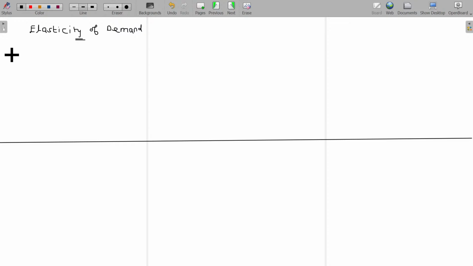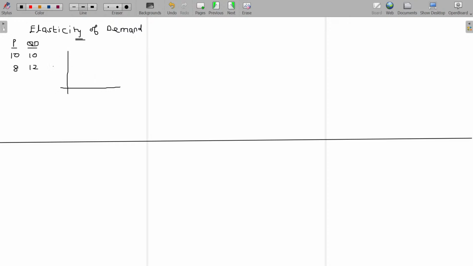If the price is 10, quantity demanded is also 10. If the price decreases to 8, the quantity demanded increases to 12. Is that okay? If I plot that in a graph, let's see.